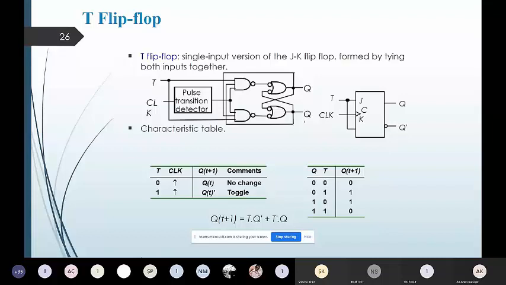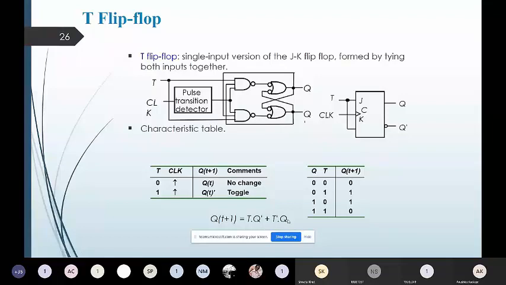Now, as with the JK flip-flop, we are going to obtain the characteristic equation for the T flip-flop. But to get the characteristic equation, we first have to write the characteristic table.